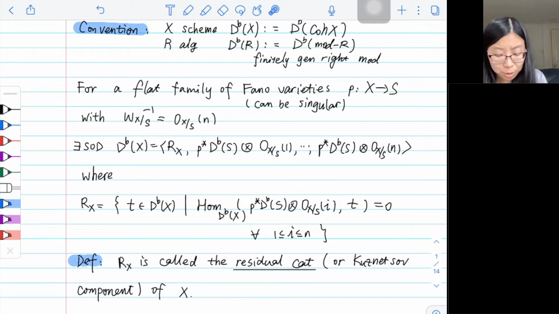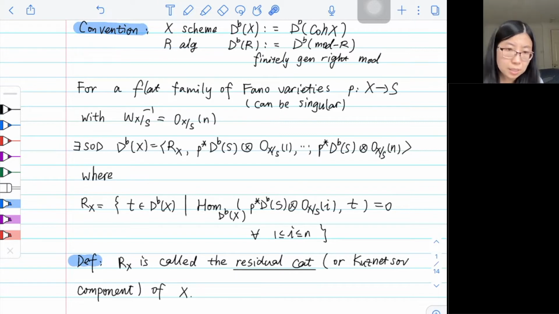Now you may wonder, why do we care about residual categories? We know that the derived category of a scheme contains a lot of information about the scheme. But from this decomposition, we can see that you have a lot of trivial pieces. The residual category lets you forget about those trivial pieces and only focus on what's important, what's left.